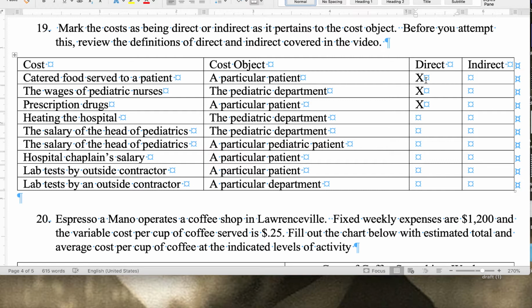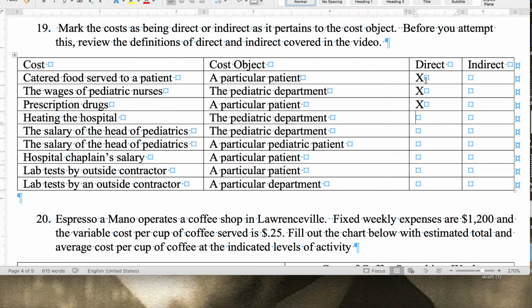Now let's look at heating the hospital. We need to determine the cost of heating the hospital, tracing that to the pediatric department. Can we do that easily and conveniently? Now this one might be a little difficult, because let's think about it. Technically we could trace the heating of the hospital to the pediatric department.